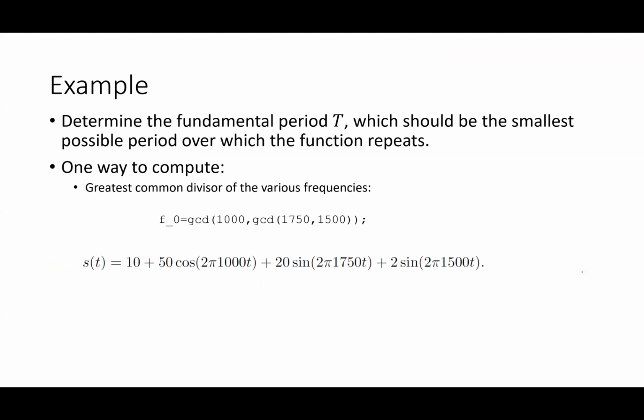That's something you learned in, I don't know, 5th grade, and it's probably gone from your head, right? The greatest common divisor of 1,000, 1,750, and 1,500 works out to be 250 hertz. So I would get the same result if I ran that command.